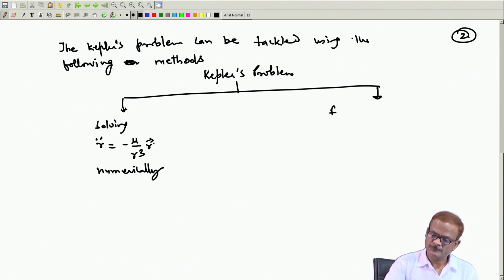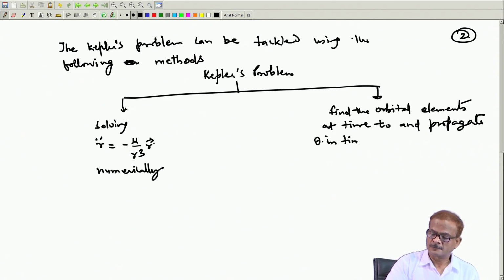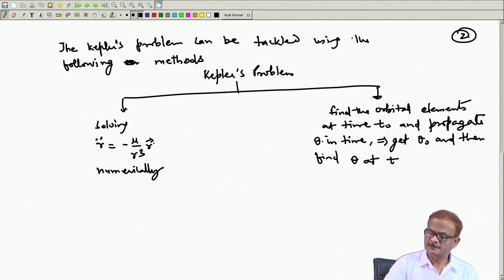The second way is to find the orbital elements at time t0 and propagate theta in time. This implies that you get theta0 and then find theta at t in the future.